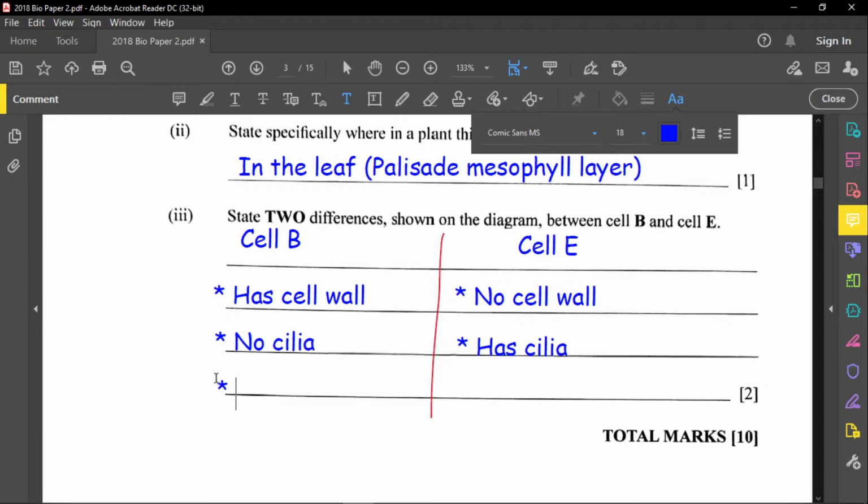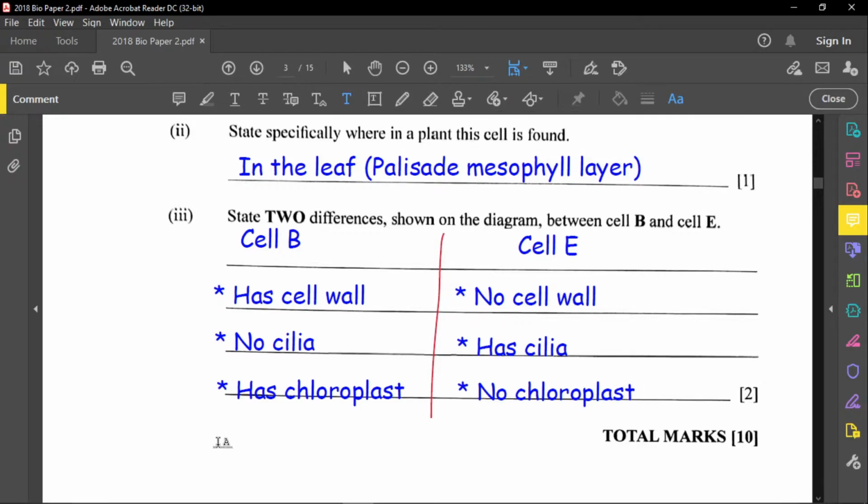So this one has chloroplast present, and cell E has no chloroplast. They will ask for two, but again, for studying purposes, you need to know as much as possible and know how to approach your questions and what to write as your answers.